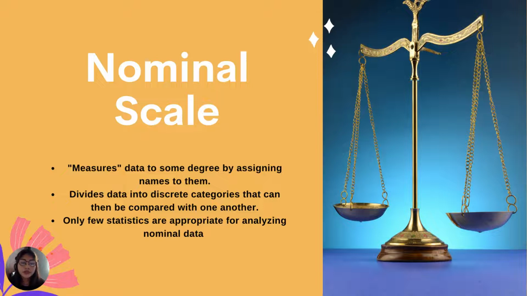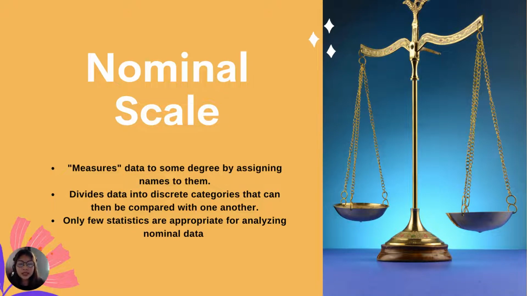You're going to divide data into discrete categories that can then be compared with one another. And then only a few statistics are appropriate for analyzing nominal data. So the example for this one is the mode. Okay, I know you are familiar with mean, median, mode. Okay, the mode, percentage, and the chi-square test.